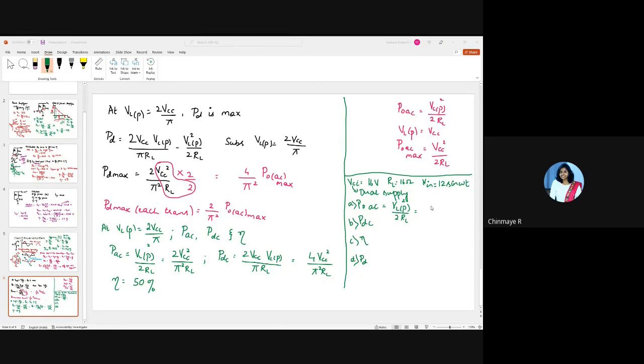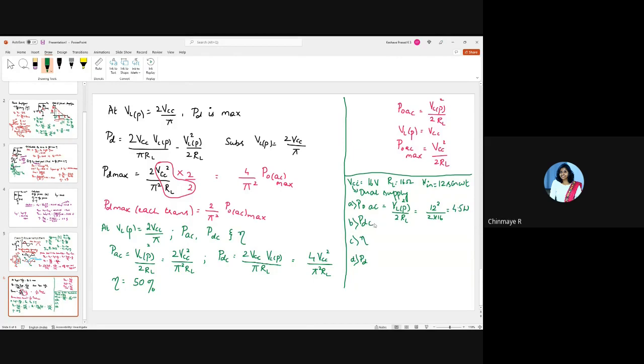So since this is an emitter follower, Vin will be equal to VL. So therefore, this will be 12 square divided by 2 into 16. How much is this? So this will be 4.5 watts.